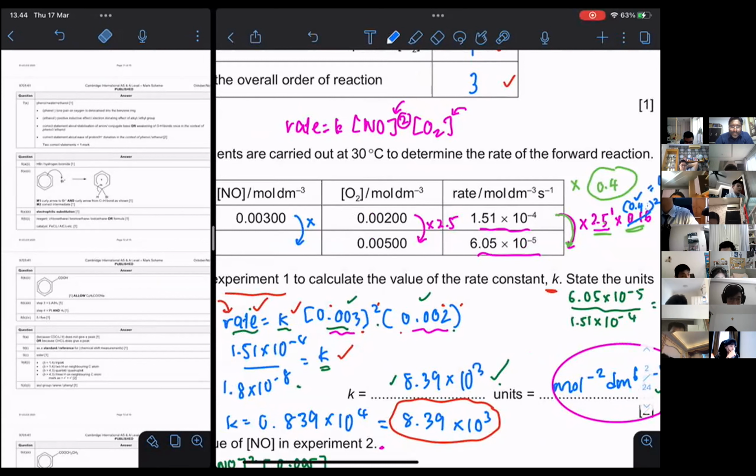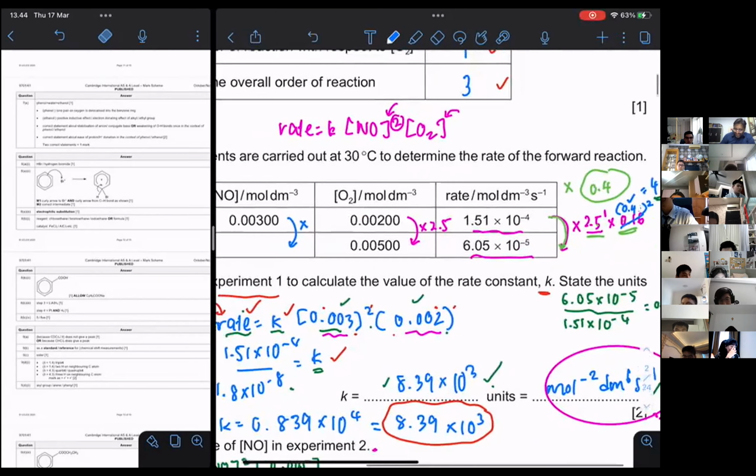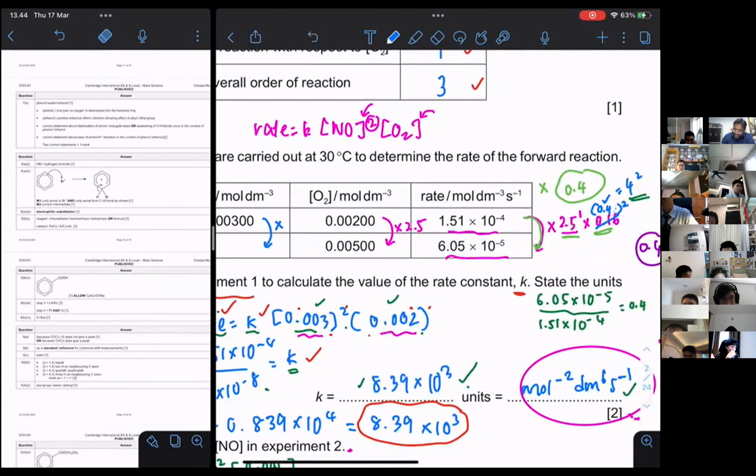You're trying to get the NO from the second one, right? You see, 2.5 is already solved. 2.5 is here. So 0.16 we have, and then we know it's 0.4 to the power of 2.